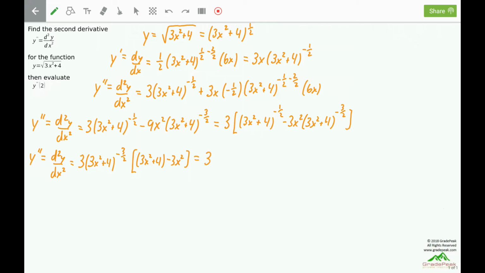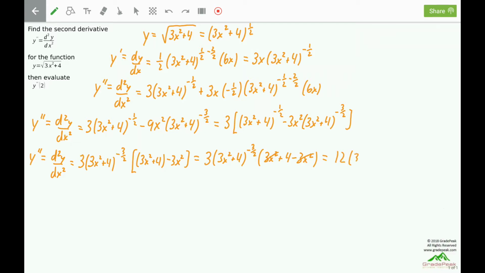Well, we have our first part of the expression, 3 times 3x squared plus 4 to the negative 3/2. I'll leave that all the way it is. And inside the square brackets, we can remove the parentheses. We will have 3x squared plus 4 and then minus 3x squared. And those 3x squareds can cancel. And we're left with a 4. And that 4 can move out the front with the 3 and give us a 12.